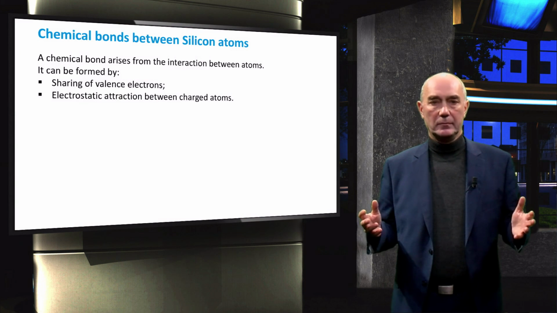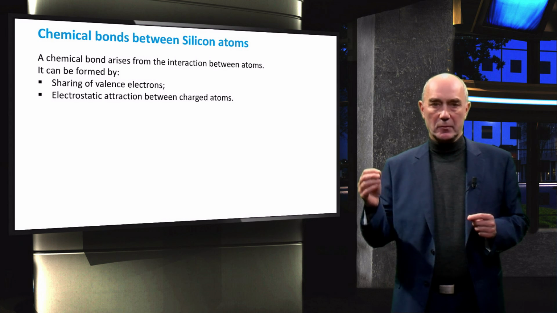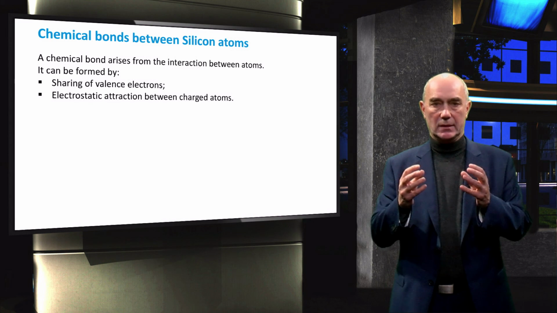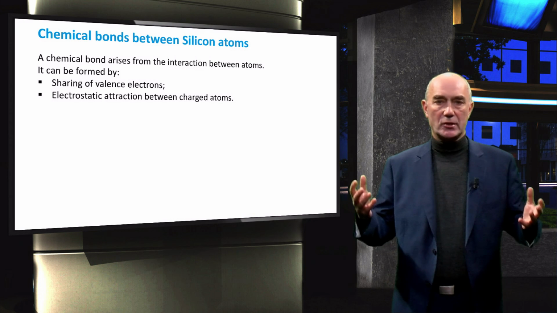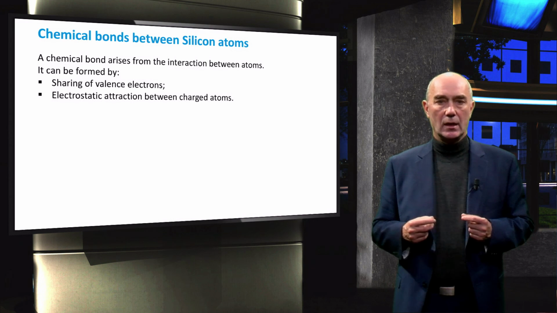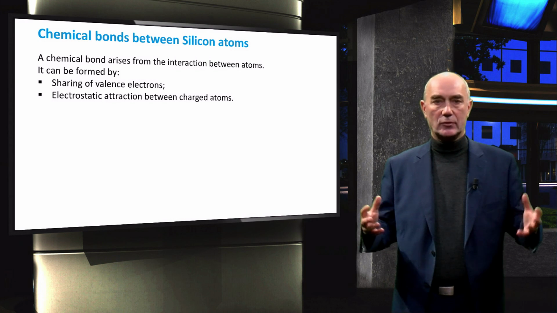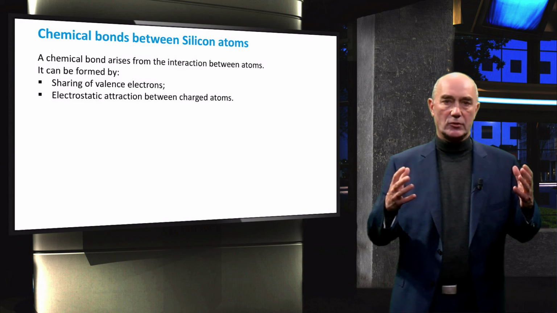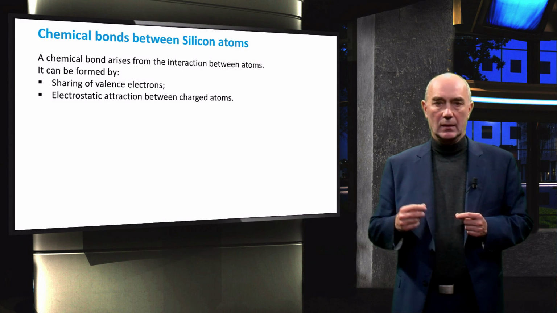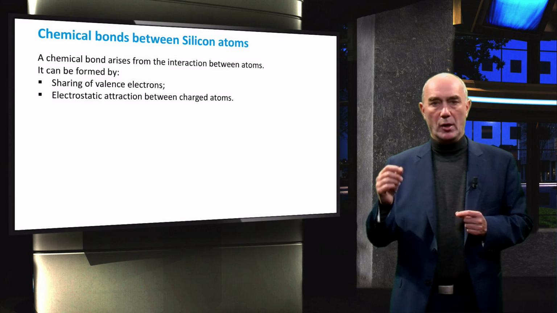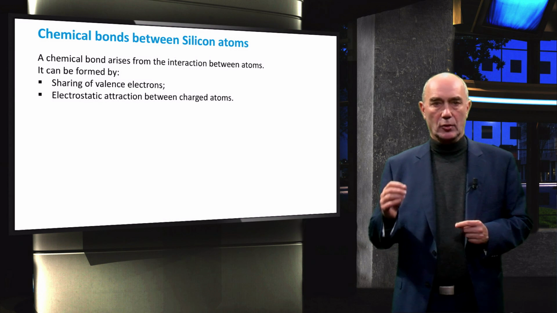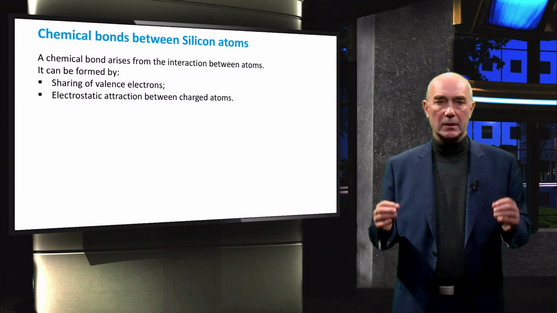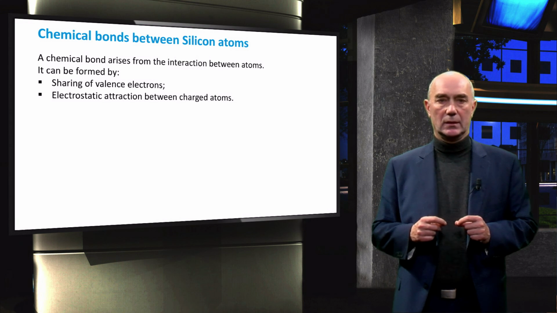As you can remember, chemical bonds arise from the interaction between atoms. They can be formed by sharing of valence electrons or as a result of the electrostatic attraction between charged atoms. An atom forms bonds with other atoms in order to achieve the most stable electronic configuration.